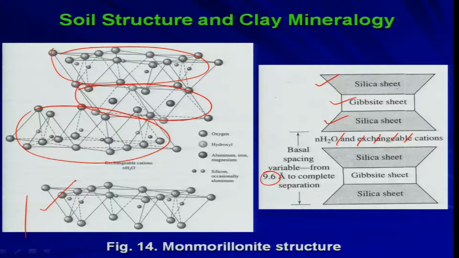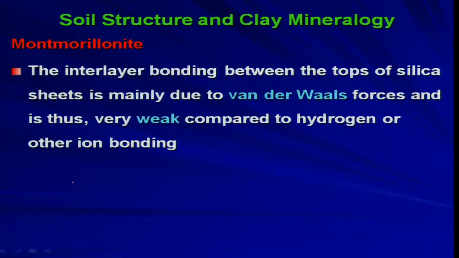This interlayer is allowing some water or some exchangeable cations to come inside. The interlayer bonding between the tops of silica sheets is mainly due to the van der Waals force and is thus very weak compared to hydrogen or other ionic bonds.